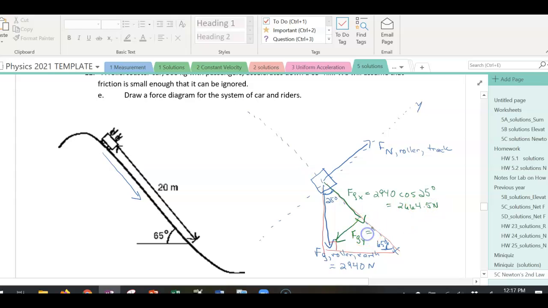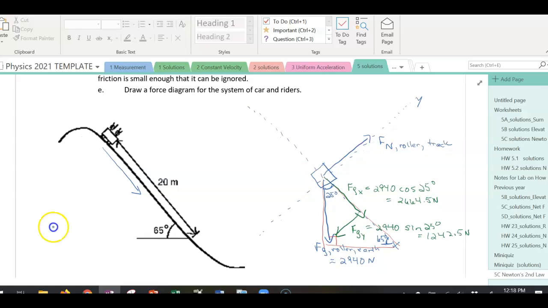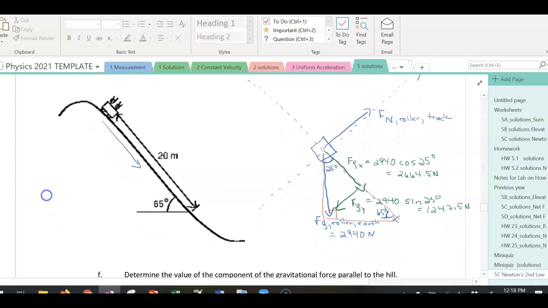And F_GY is across the triangle, so we're going to use the sine function. It's going to be 2940 times sine of 25 degrees. And that is 1,242.5 newtons.